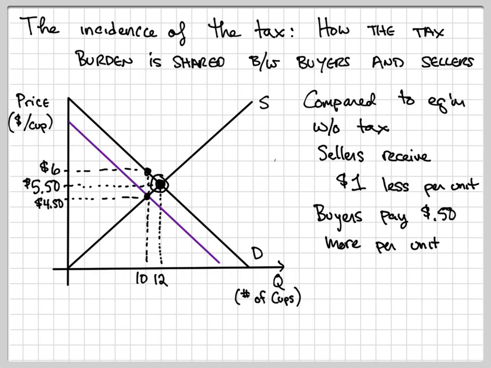And so even though the tax was placed on the buyers of the good, both the buyers and the sellers are affected, and both share the burden of the tax.